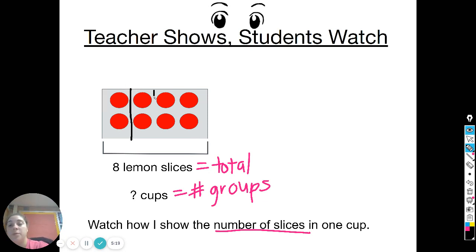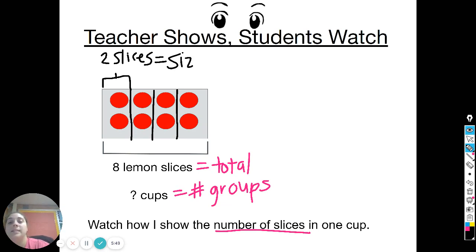That makes a group of 2. That makes a group of 2. And this last line makes a group of 2 over here and a group of 2 over here. So now we can see that each group, or each piece of the tape diagram, has 2 slices, okay? So now I'm going to make a little piece of the tape diagram right here that says 2 slices, which is the size of our group, okay? The size of each group is 2 lemon slices.